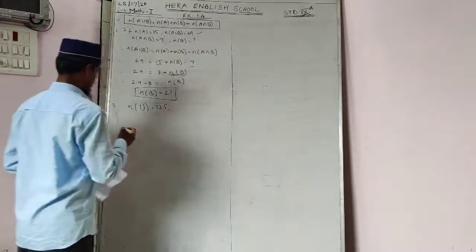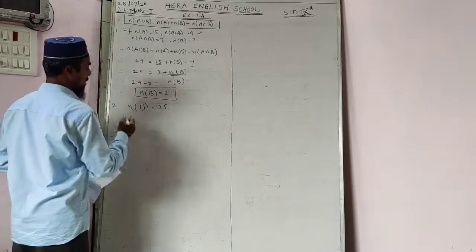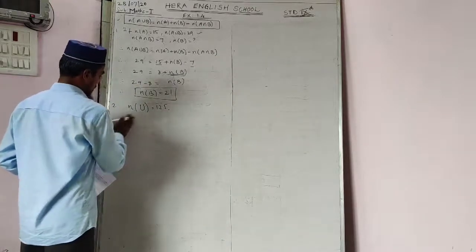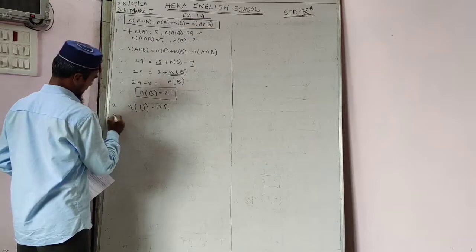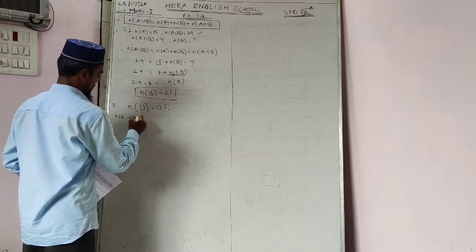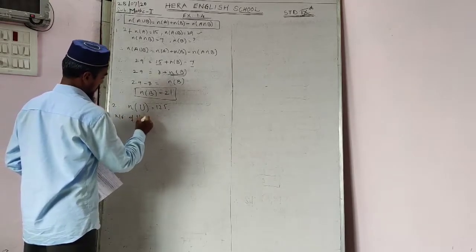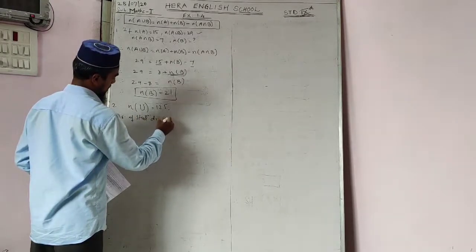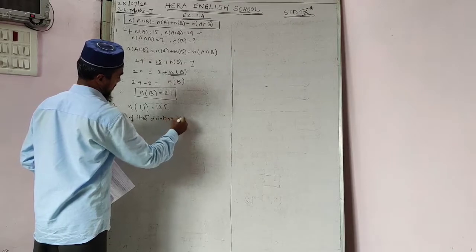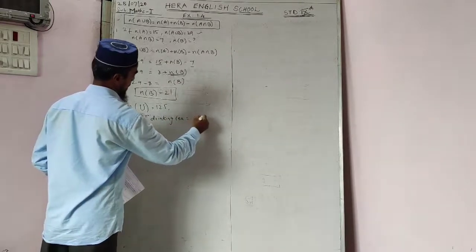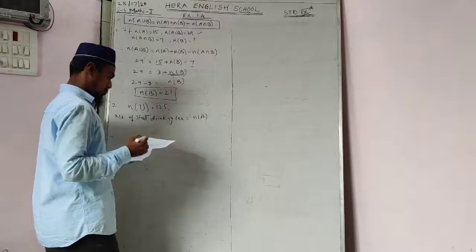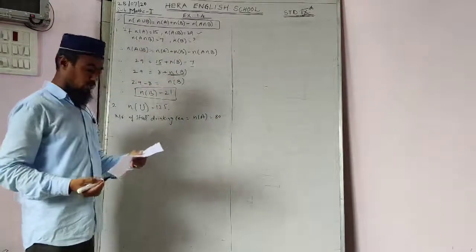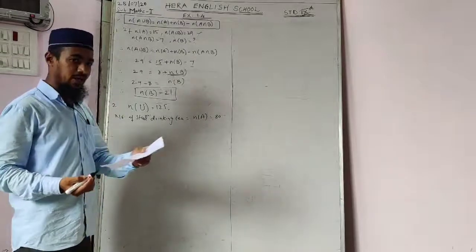So we will take the number of students drinking tea, I am taking as number of A. How much are they? 80. And other students who are drinking coffee, they are 60.